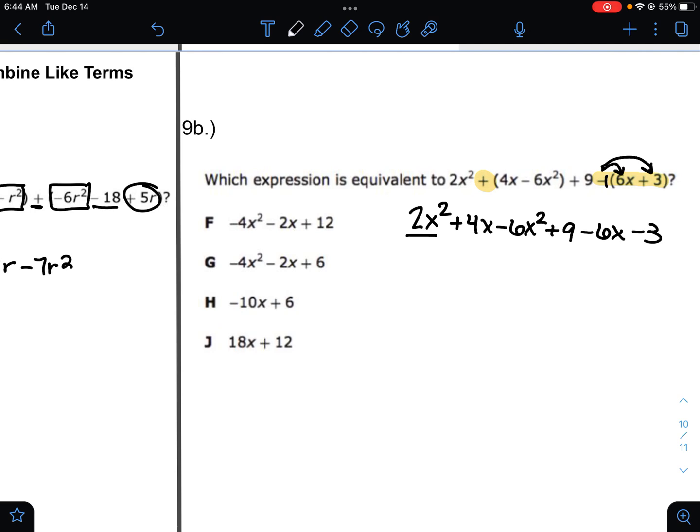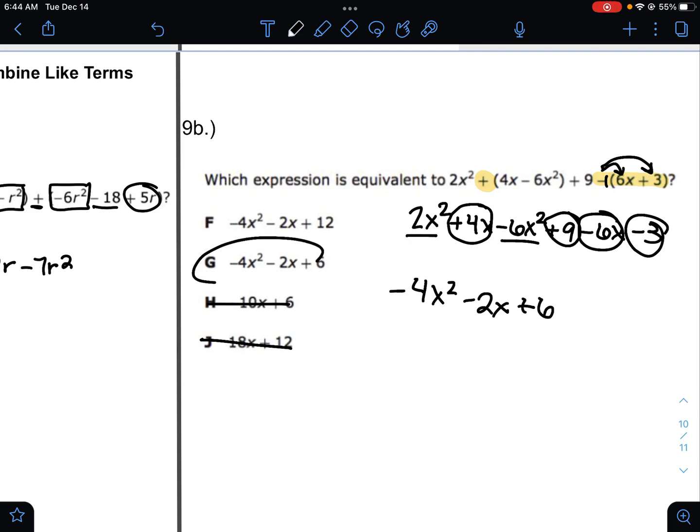I combine my like terms. 4x squared minus 6x squared gives me a negative 4x squared. I look at my answer choices. I can eliminate J and H. I combine my x terms. I have 4x minus 6x, which is a negative 2x. That doesn't help me eliminate anything. Then I have 9 minus 3, which is a positive 6. So my answer should be G.